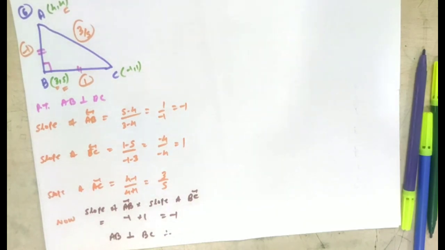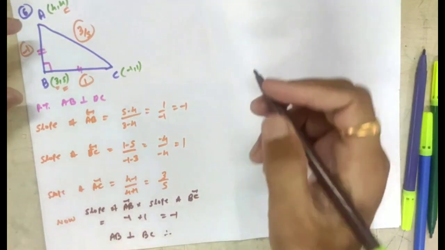Next question, question number 7. Find the slope of the line which makes the angle of 30 degree with the positive direction of y-axis measured anti-clockwise.